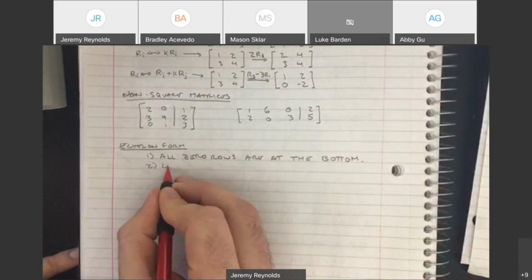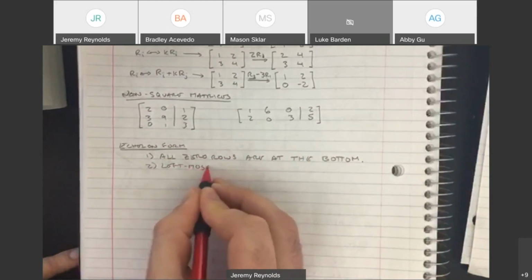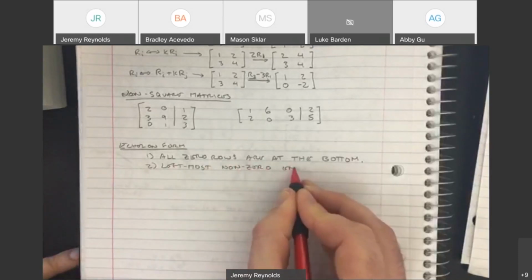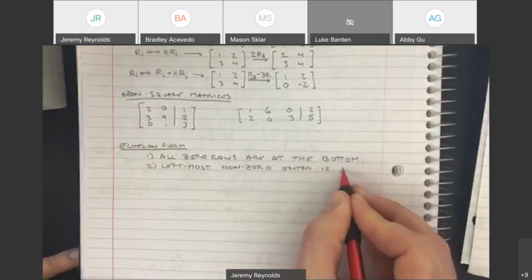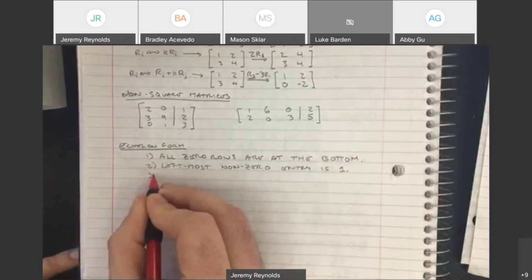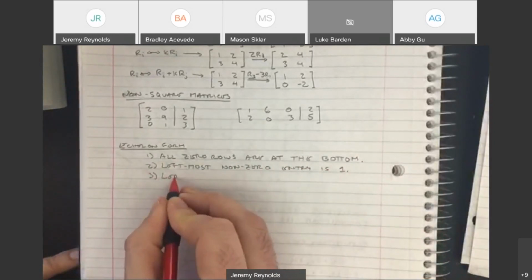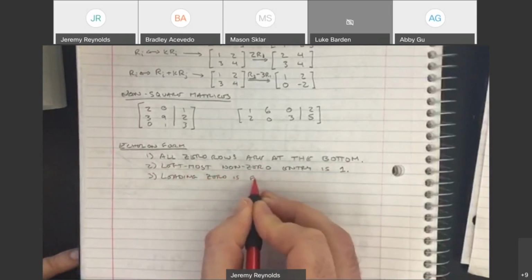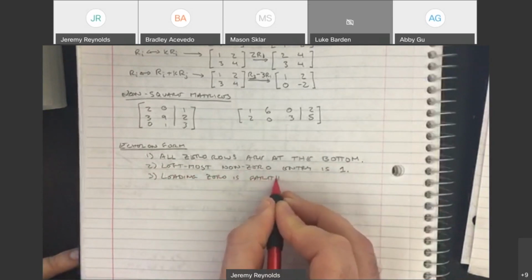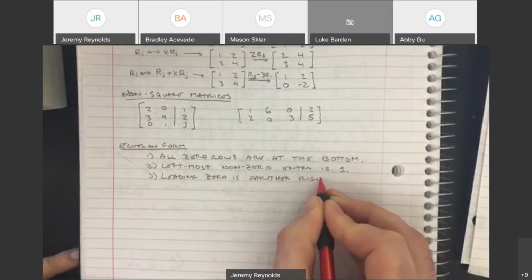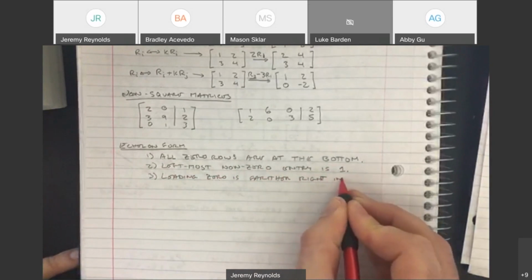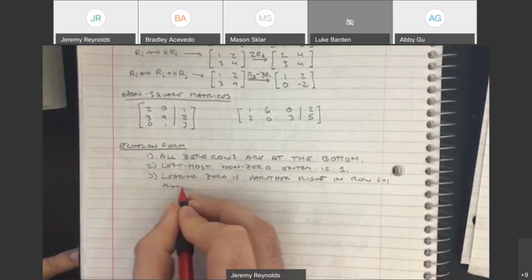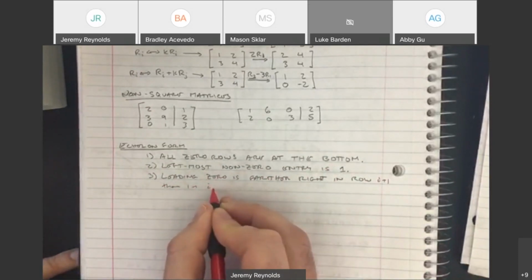The second rule: the leftmost non-zero entry is 1. And then our third rule is that the leading 1 is farther right in row i plus 1 than in row i.